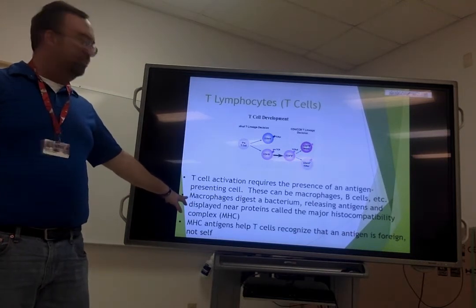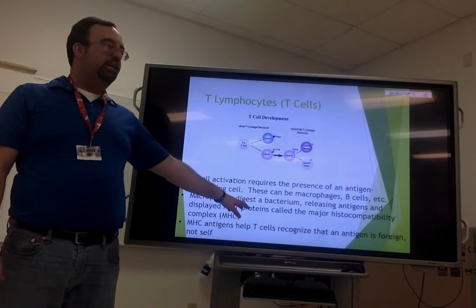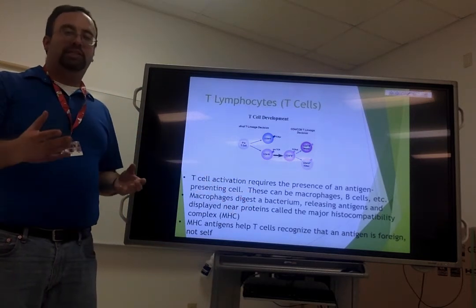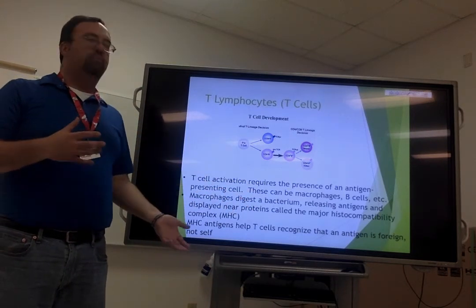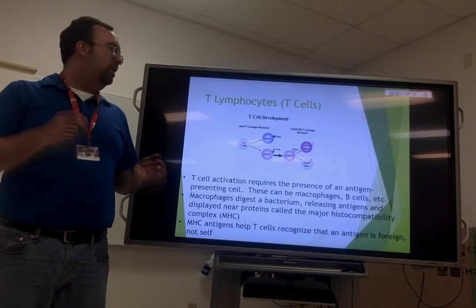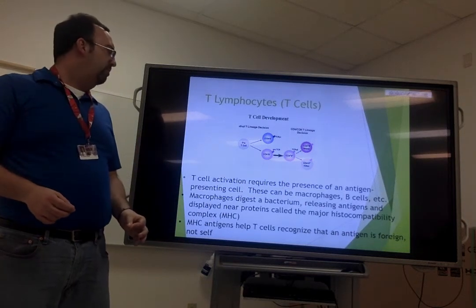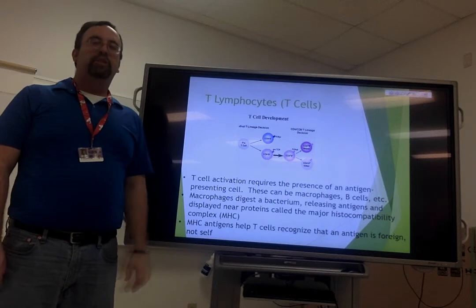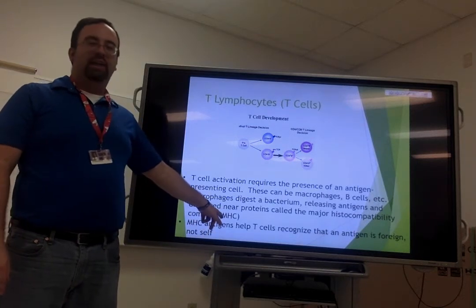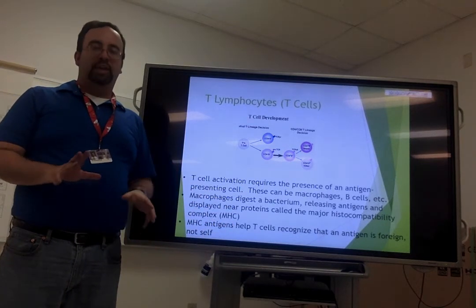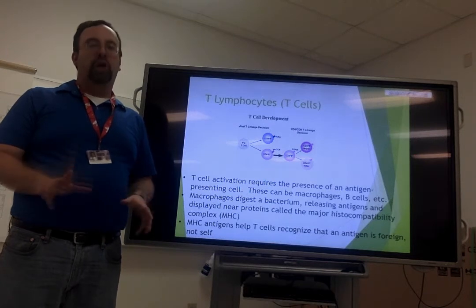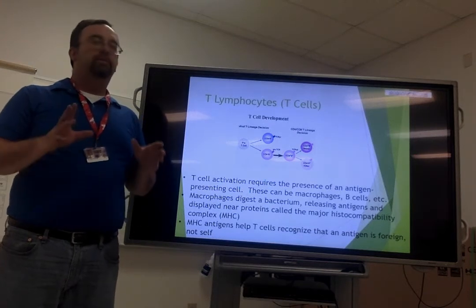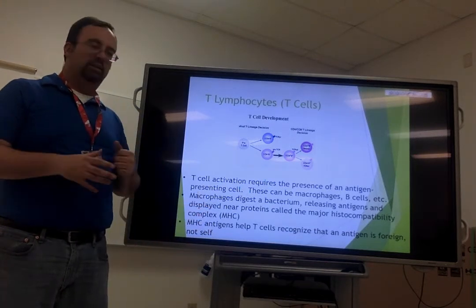Macrophages, as we discussed before, are able to digest bacterium, which will release antigens and display near proteins that are known as major histocompatibility complexes, which anatomists have mercifully abbreviated as MHC. And so if you say MHC, I will know that you're talking about major histocompatibility complex.